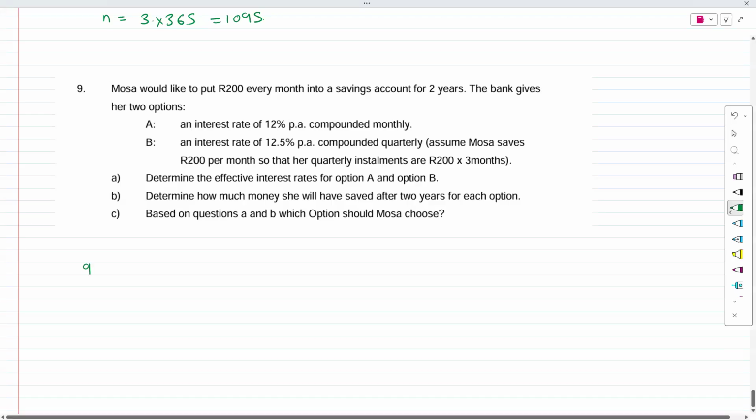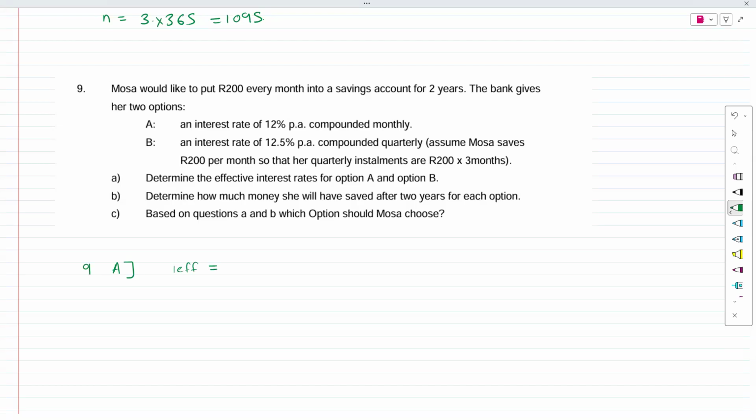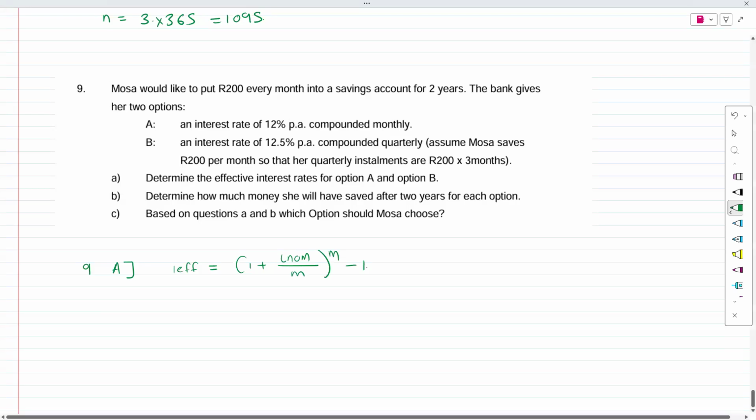Okay, this is question 9 and this is A. Let's deal with effective interest. So effective interest should be equal to 1 plus I nominal over m, to the power of m, minus 1. Now guys, this m and this m, please understand that this is just the compounded monthly. So that's 12. If it was compounded quarterly, it would be 4.